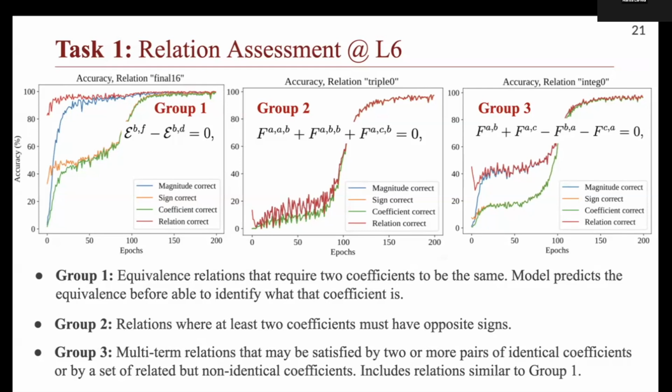On the other hand, for group 2 relations, at least one particular term should have a minus sign relative to the other. That is why these relations are learned at the same time as the model learns the individual coefficients. And group 3 relations are just a mixture of group 1 and group 2.